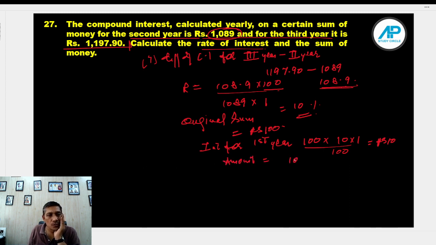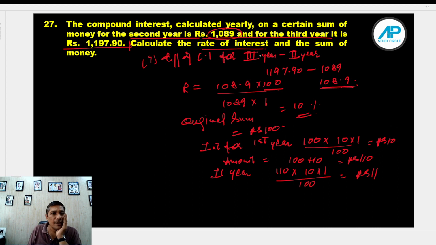Amount equals 100 plus 10 equals 110. For the second year, 110 into 10 into 1 upon 100 gives me rupees 11. I have the value of interest for the second year. हमको इसको और इसको ही compare करना है using the unitary method.